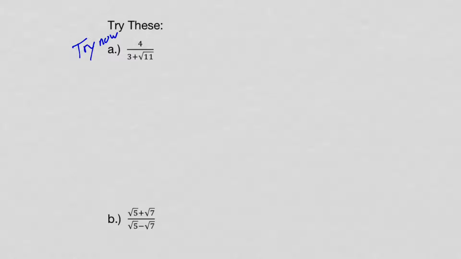So try now. And then you can try the next one in class, but I'm going to go over this one in class. Okay? So let me go ahead and start you off with this one. You're going to do 3 minus radical 11. And then go from there. Pause the video and see how you did.